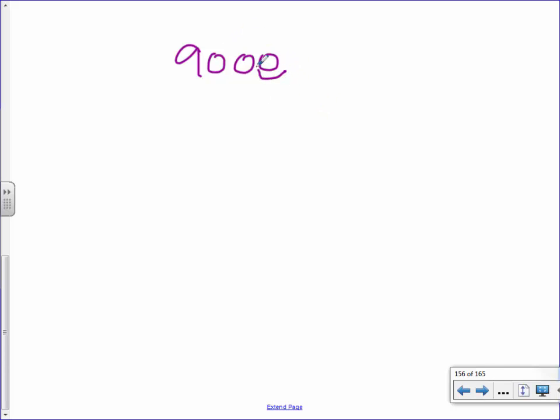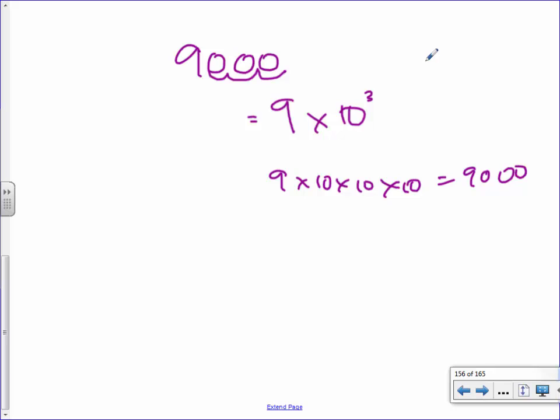Let's move it over 1 time, 2 times, 3 times. I could say that 9,000 is the same thing as 9 times 10. And then how many times did I move the decimal place? 3. Is 9,000 equal to 9 times 10 to the 3? Yeah, because really it's like 9 times 10 times 10 again times 10 again. That is equal to 9,000. This notation here is known as scientific notation. Or sometimes it's known as exponential notation.